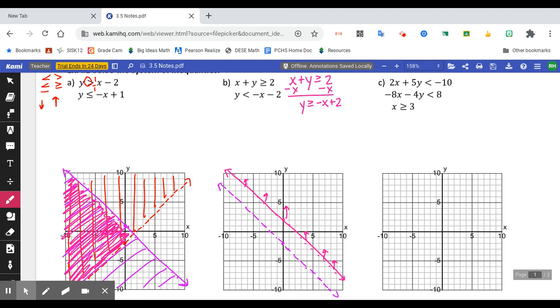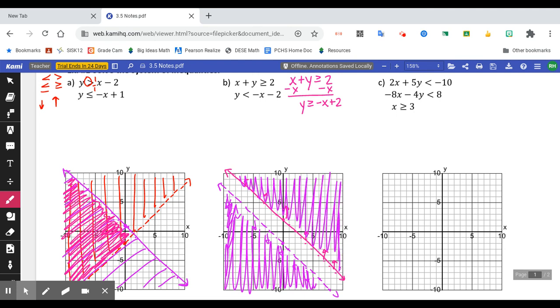Okay, and it's less than, so it is below this one. So in this case, this would all be shaded. And this would be shaded, which is giving you an example of parallel lines. So this would be no solution, right? Okay. All right, let's go to the next one.